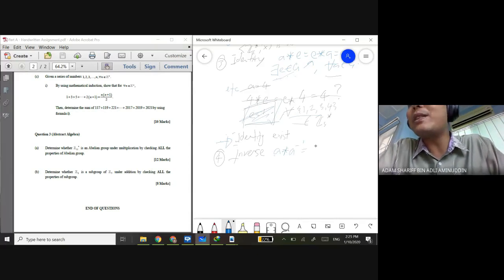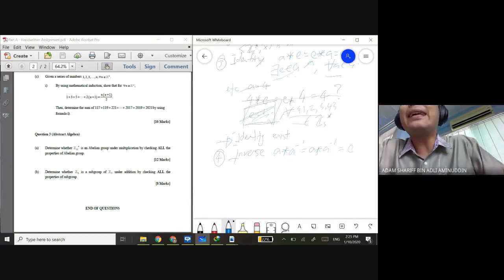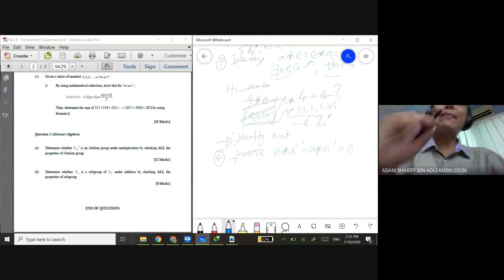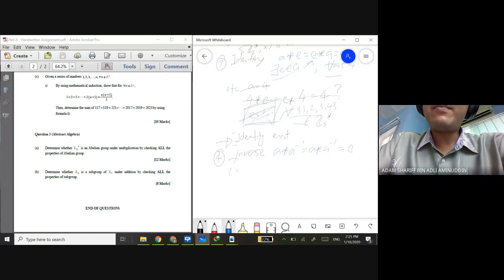A binary operation with the inverse is equal to, commutatively like this, you dapat balik E. For this kind, ramai yang tulis macam ni. 1 binary operation 1 inverse equals 1 inverse binary operation 1, you dapat balik 1.